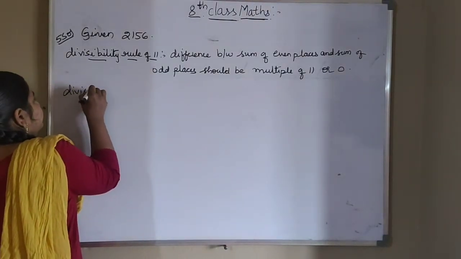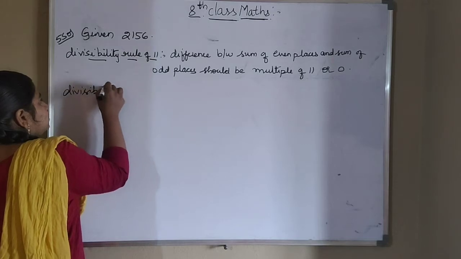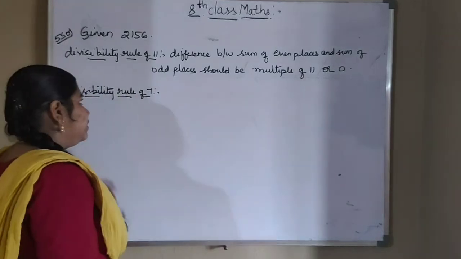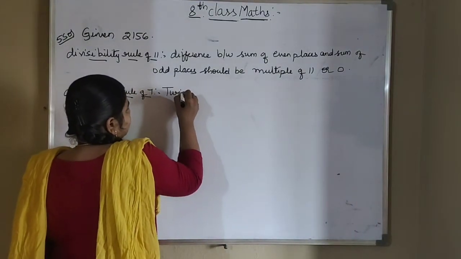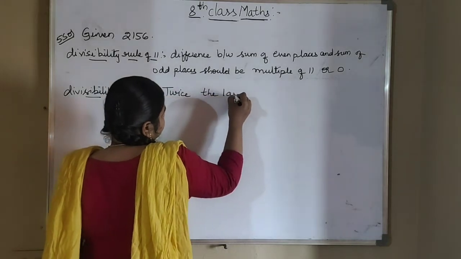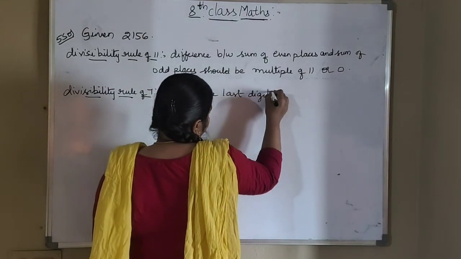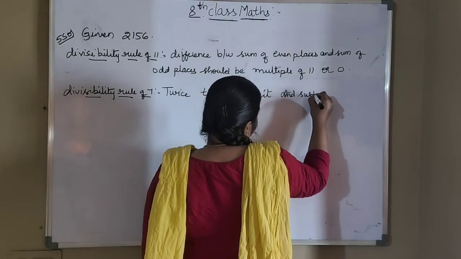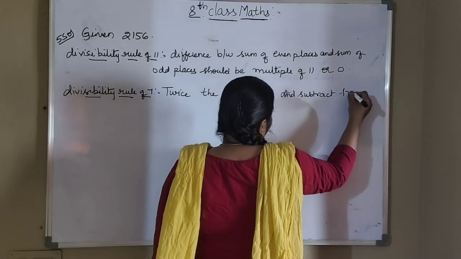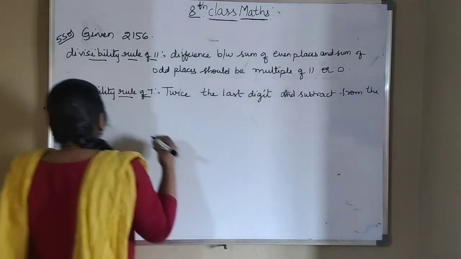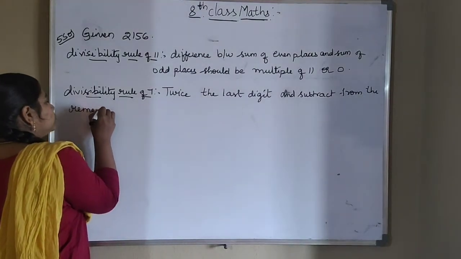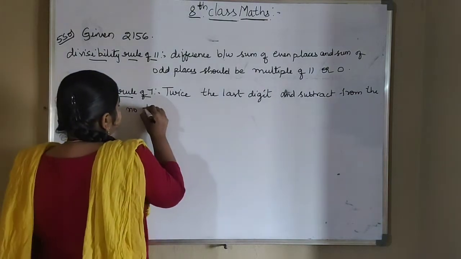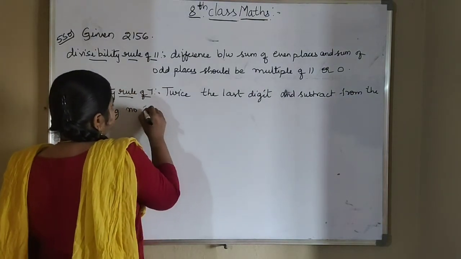Next is 7. So what is the divisibility rule of 7 here? Take twice the last digit and subtract it from the remaining number.